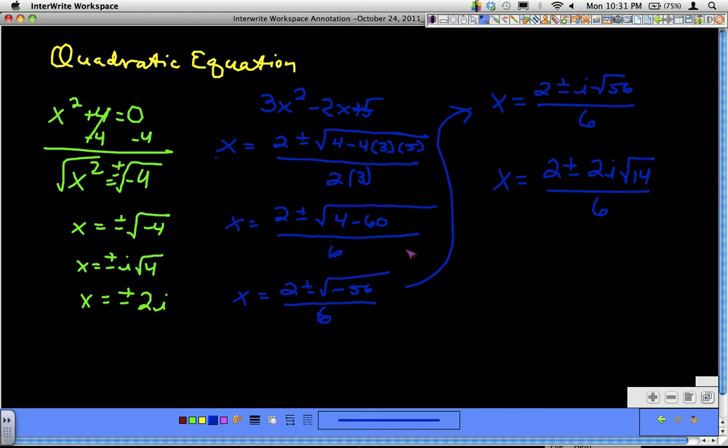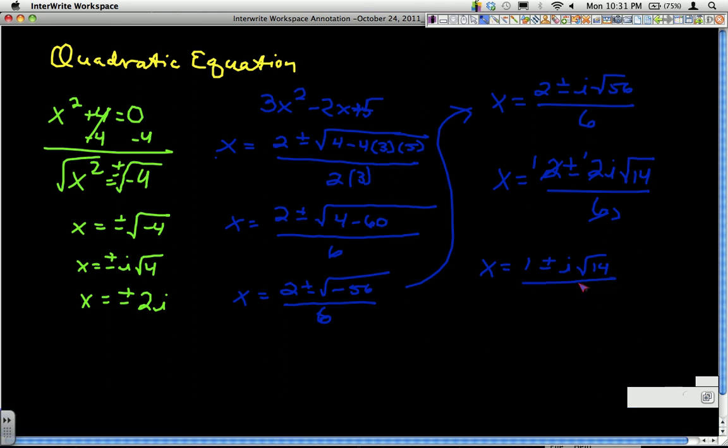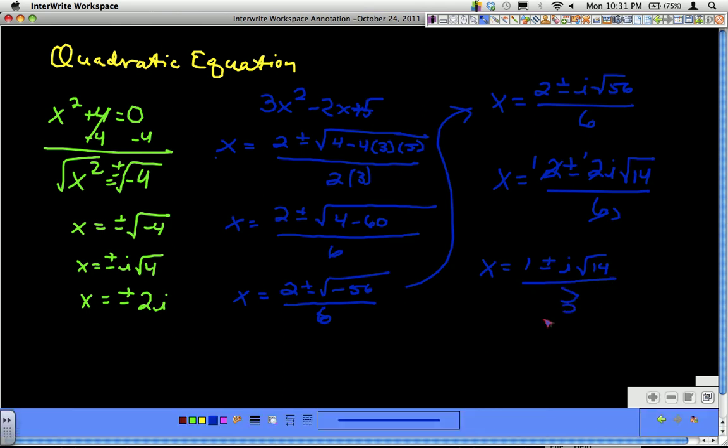So now this is like one of those problems on one of the earlier pages. Since we're working with complex numbers, I would maybe just do this and say, yep, divide by 2, divide by 2, and just get 1 plus or minus i square root of 14 all over 3 as one possible solution.